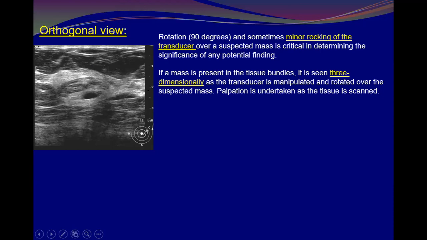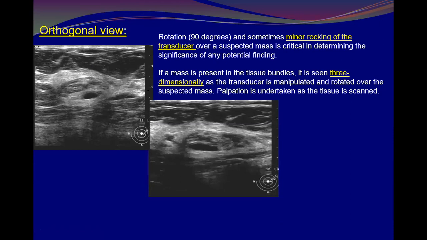It is humping, but a smooth hump. So, as we mentioned, some pressure and minor rocking of the transducer is sometimes helpful. Rotate, sweep, until you can see the three dimensions of a lesion or a suspected mass. When we rotate, can you see any abnormality here?